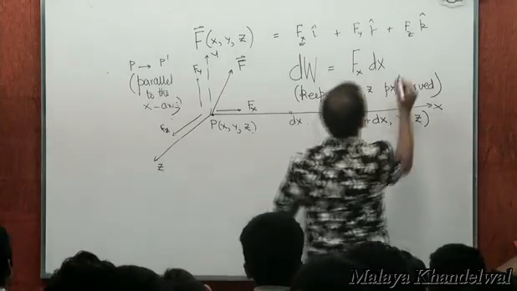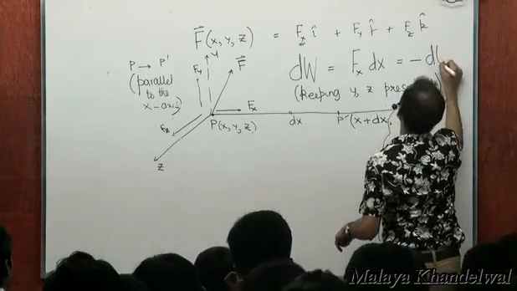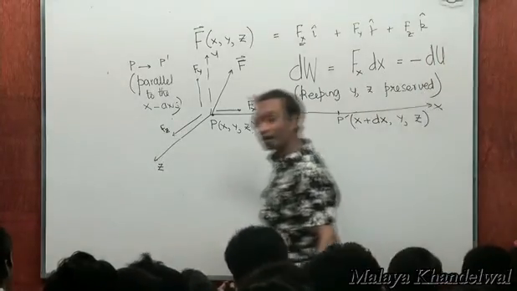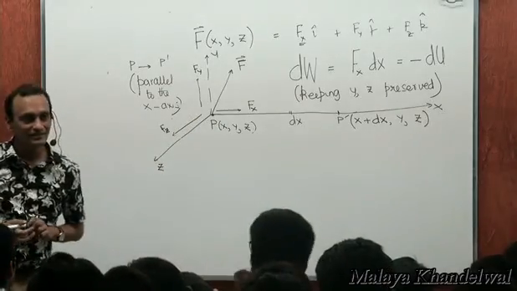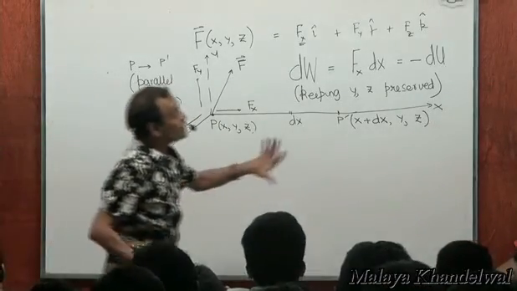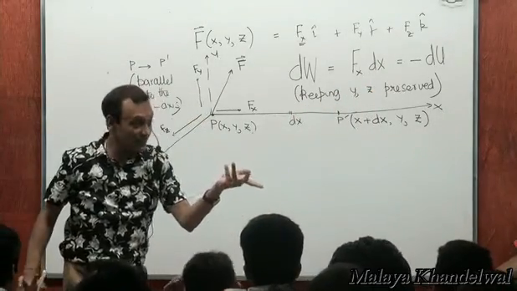So this is minus dU, where dU is the change in potential energy. All of this is as if y and z are constants, right?